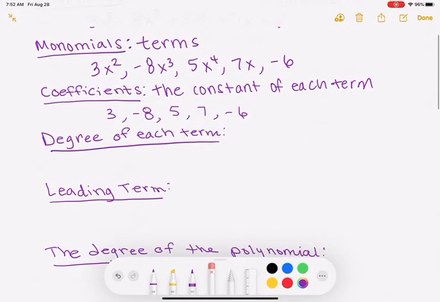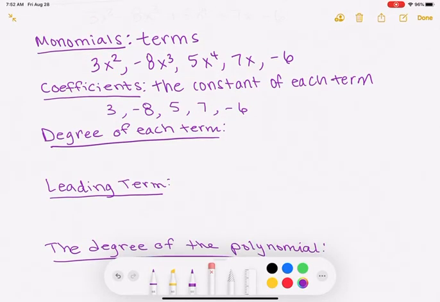Some of the questions they might ask you is, what's the degree of each term? The definition of the degree of each term is the number of variable factors.